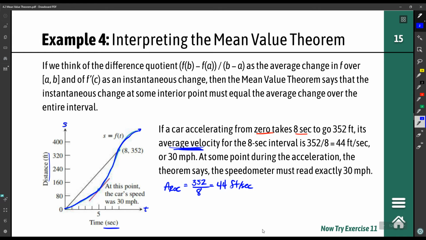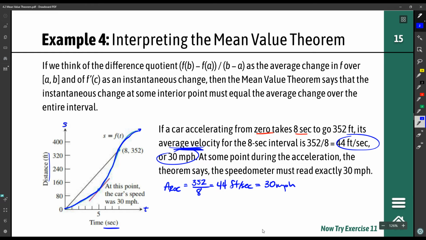So the mean value theorem says that at some point over that 8-second period, the speedometer must read exactly 30 miles per hour. Why 30 miles per hour? Well, because that's what 44 feet per second is. So we're going to say this is actually 30 miles per hour.